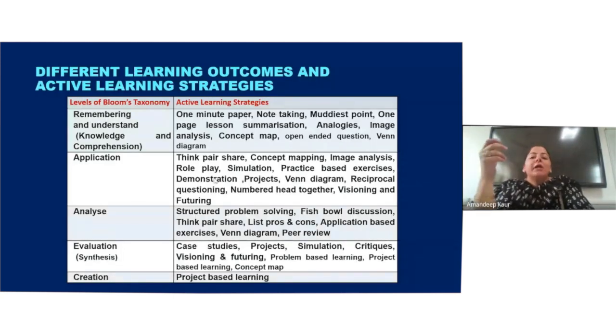Muddiest point is another activity that we can use at this particular level. Muddiest point means the most complex part of today's session or lecture. For example, as a teacher, when I am preparing different lesson outcomes or learning outcomes, I know that for the level of the students in my class, this part of the information is very complex.